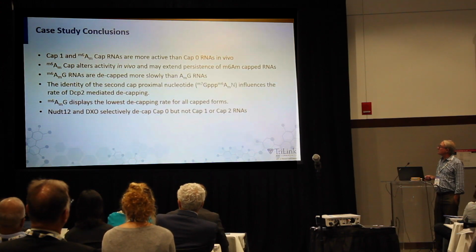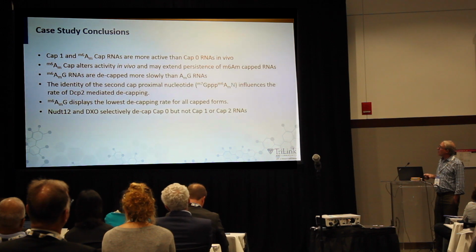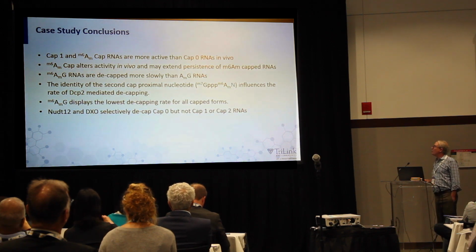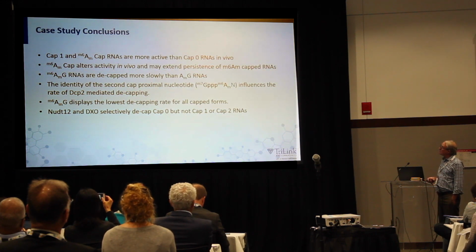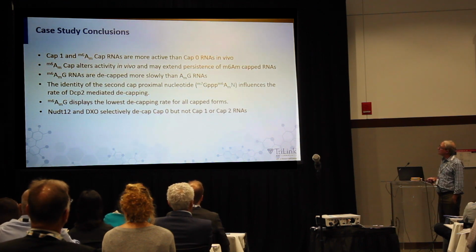All right, so the conclusions for this section are that cap1 and M6A capped RNAs are more active than cap0 RNAs in vivo. The M6A cap alters the activity in vivo, and we're curious as to whether it may extend the persistence of these capped RNAs.